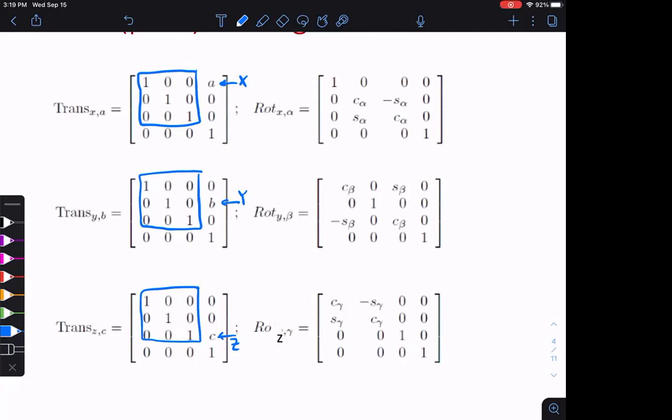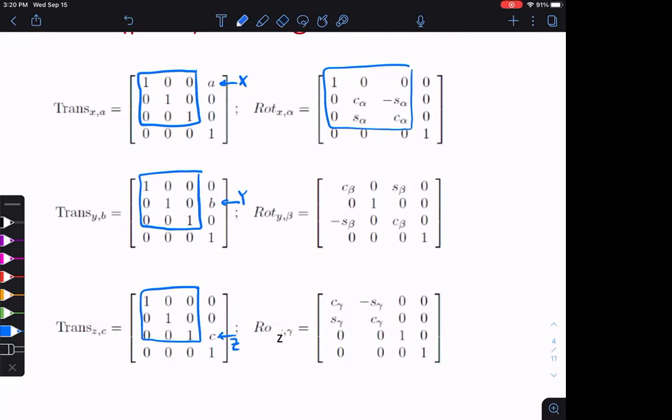Now, if you had pure rotation, where you only rotated but didn't translate anywhere, you will only have the rotation part, and as you see, the translation remained 0. Rotation around X we already knew. We're just plugging in the rotation matrix. Same here for about Y and about Z. Now, if I have a rotation about X by alpha, and I also have a translation along the Y-axis, how do I change that first matrix?